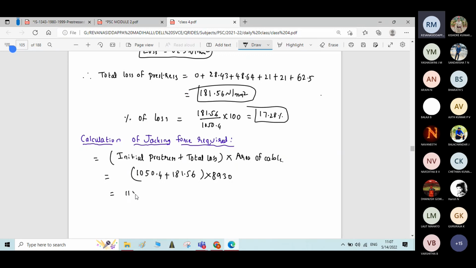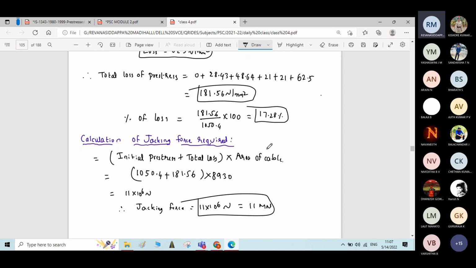It is 11 into 10 power 6 Newton. Therefore, jacking force is equal to 11 into 10 power 6 Newton, or 11 mega Newton. So this completes the problem.